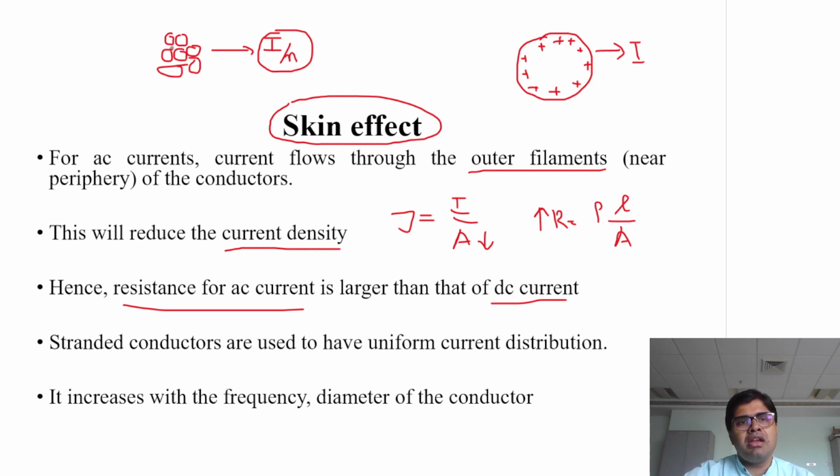So effectively the entire cross-sectional area is utilized. So this is how we can increase the current density and we have the uniform current distribution.